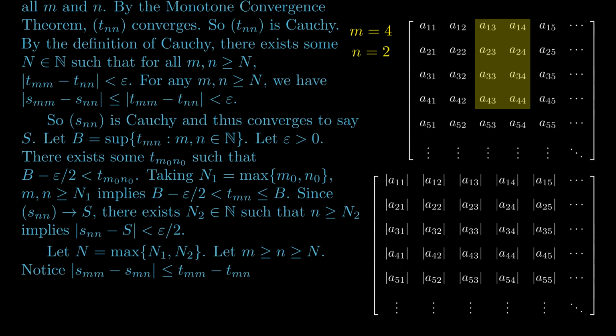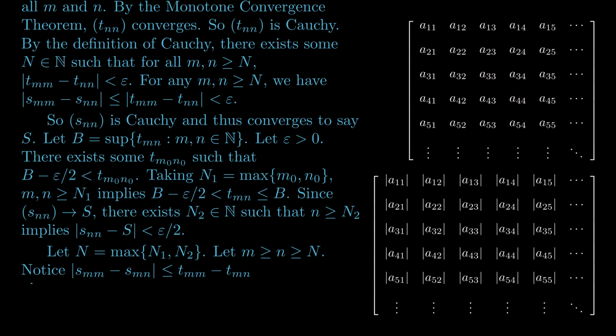And by the definition of B as the supremum of all the T_MN, T_MM is less than or equal to B. So we can continue writing less than or equal to B minus T_MN, which is less than epsilon over 2. And the reason we don't need absolute values around the differences of T is because we've taken M to be at least as large as N, and all the T terms are sums of absolute values.